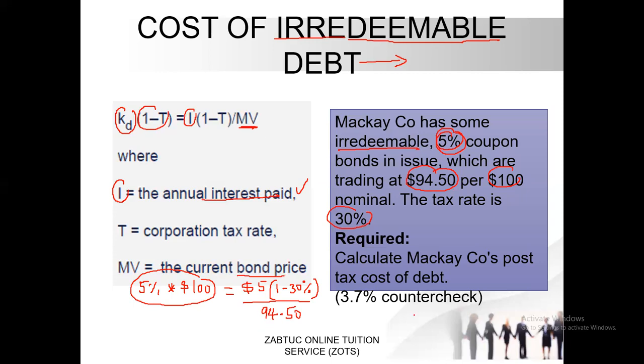So please, can you counter check and see if you're getting 3.7? Could somebody confirm that for us?